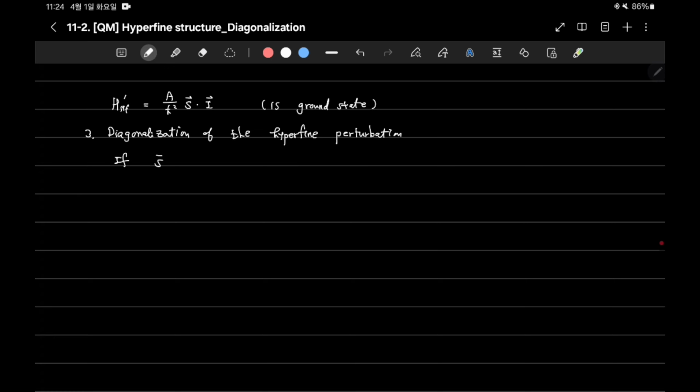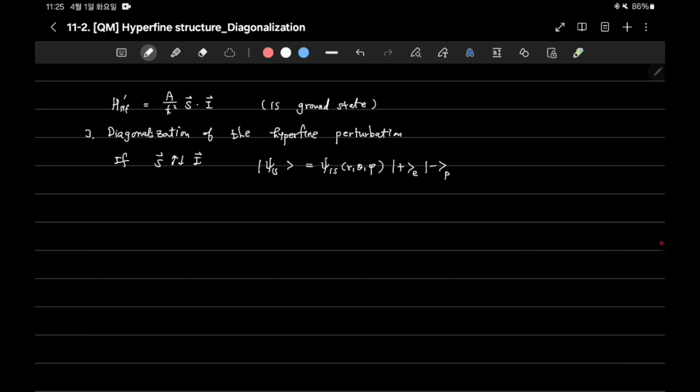If the electron spin and the proton spin are antiparallel with each other, then the 1s ground state wave function can be written as ψ1s(r, θ, φ), the spatial wave function, times the spin part, where the electron spin is up and the proton spin is down, for example.